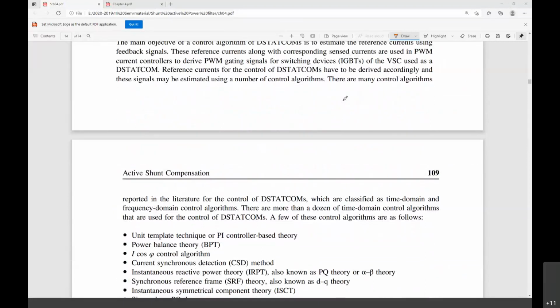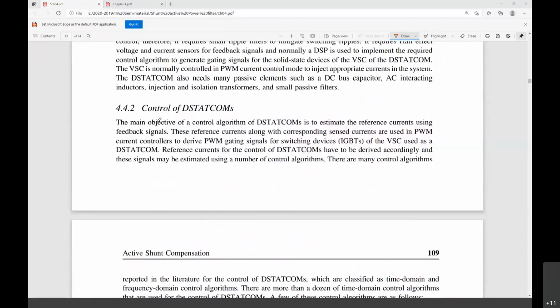Here, the control of the D-STATCOM. The main objective of the control algorithm of the DSTATCOM is to estimate the reference currents using feedback signals.